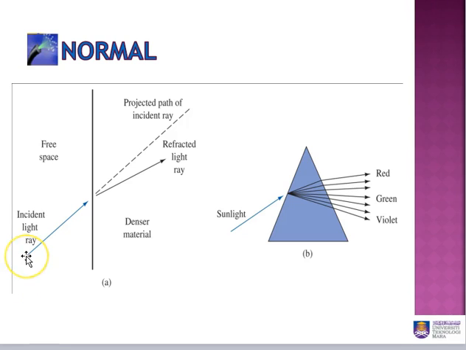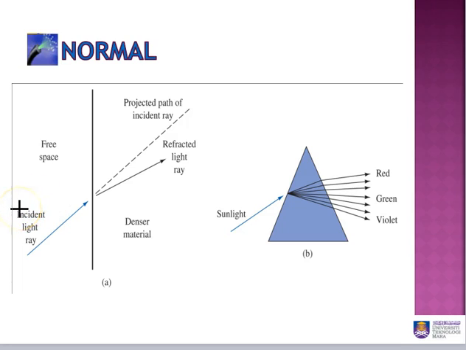When we talk about the normal line, normal is actually an imaginary line drawn perpendicular to the interface of two materials at the point of incidence.